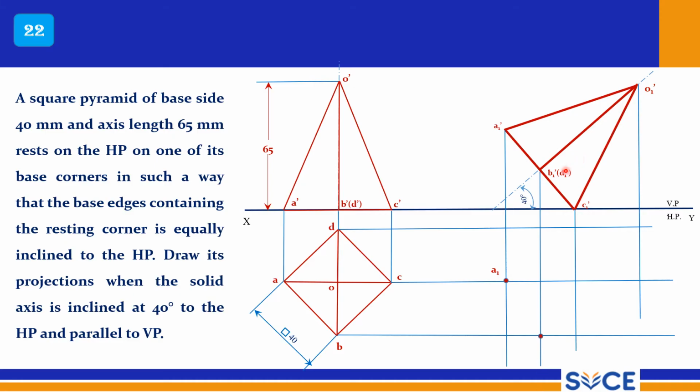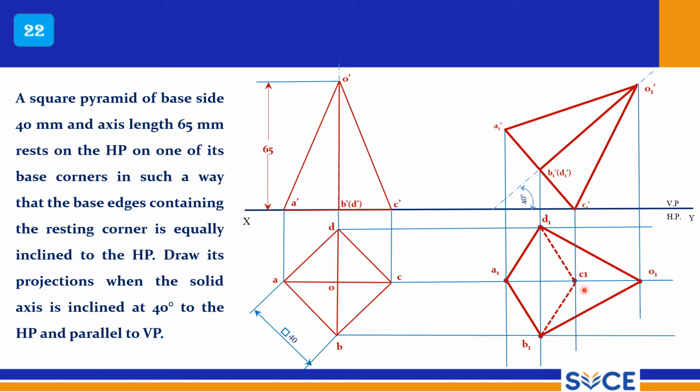So get these points. This is A1 and this is B1 and this is O1 and this is C1 and we have D1. Connect all the outermost points with thick lines. Now it is resting on C. So connecting lines to C will obviously be dotted lines.